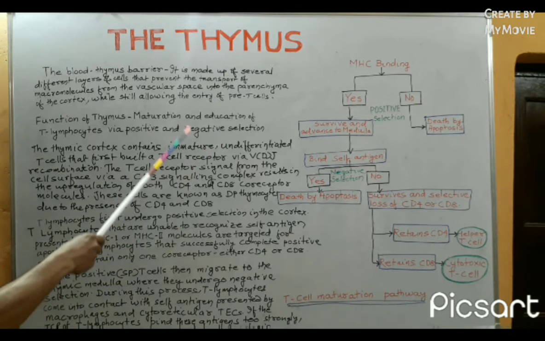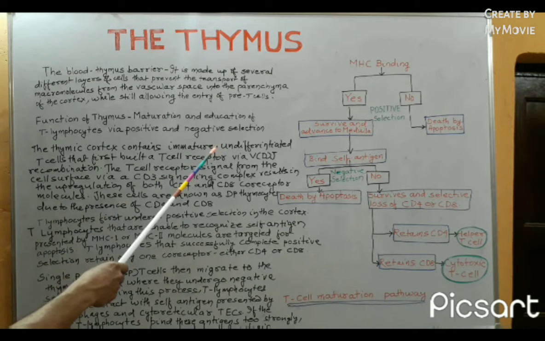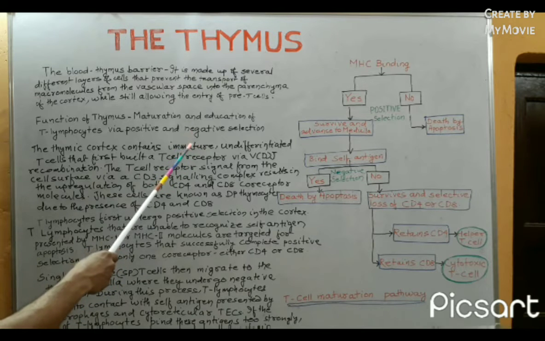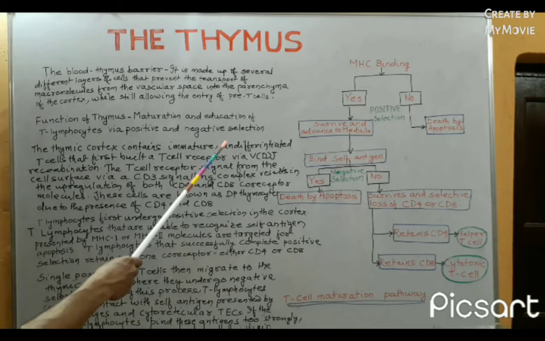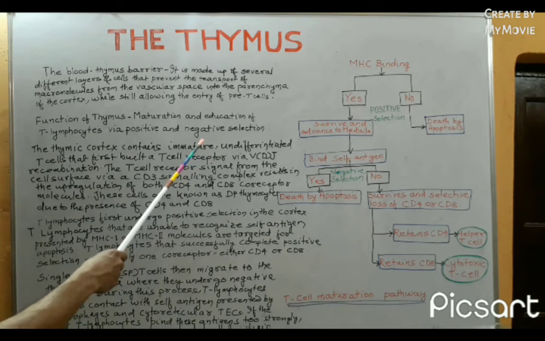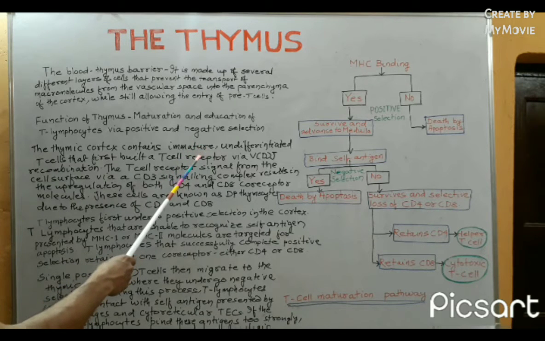The T lymphocytes originate in the bone marrow, and these T lymphocytes move from bone marrow to thymus via blood. In the thymus, the pre-T cells undergo maturation and education.